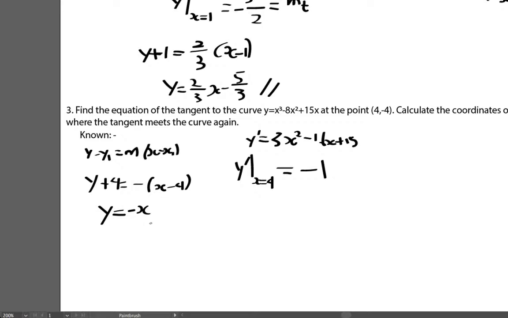The key here is that y equals negative x would meet y equals x cubed minus 8x squared plus 15x at a certain point, where the x is the same and the y is the same.